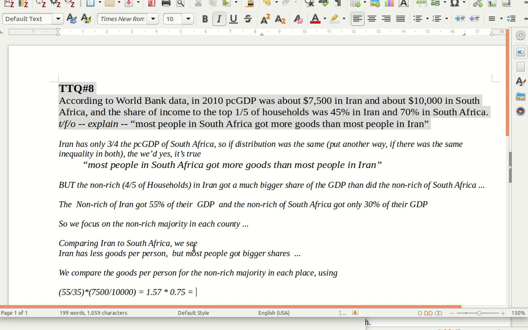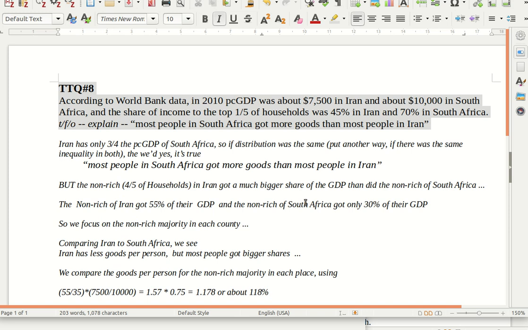And those of you who are thinking this through will see right away, without doing the calculation, that 1.57 is over 1.5, greater than 3/2. 3/2 times 3/4 is going to be bigger than 1, right? Yeah, let's do the arithmetic. And if I've done the calculation right, it's 1.178 and so on, or about 118%.